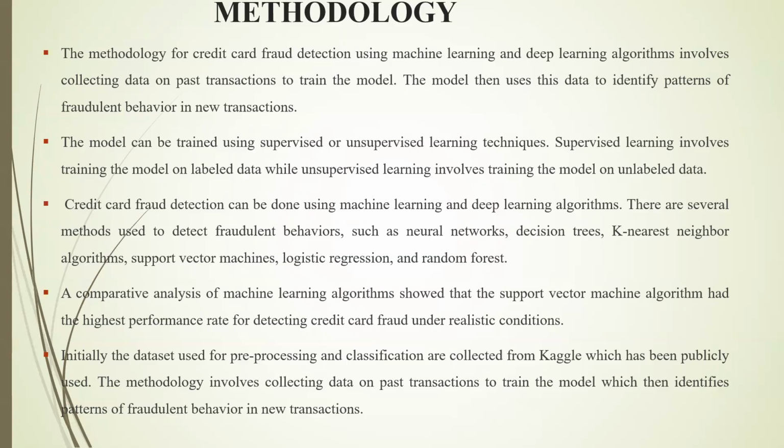There are different algorithms that can be used to bring good accuracy in credit card fraud detection. In machine learning, the algorithms are SVM, logistic regression, KNN, decision tree, random forest, etc. Now let's take a comparative analysis of machine learning algorithms, which will show high accuracy to detect credit card fraud cases.